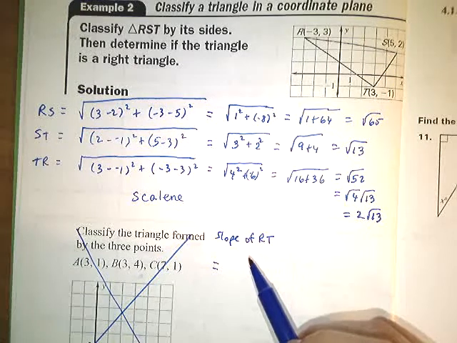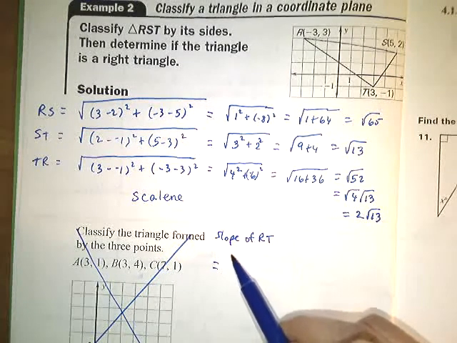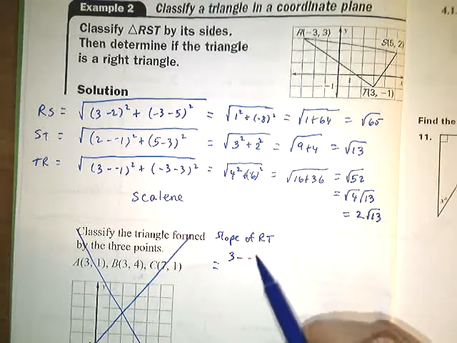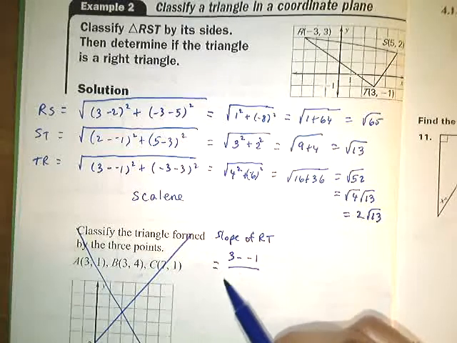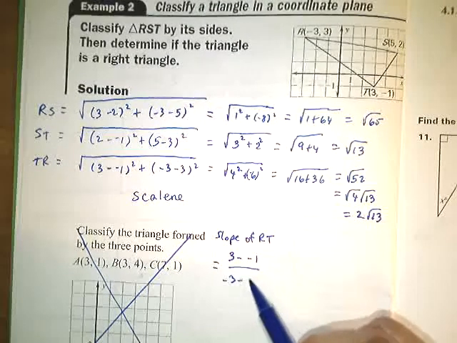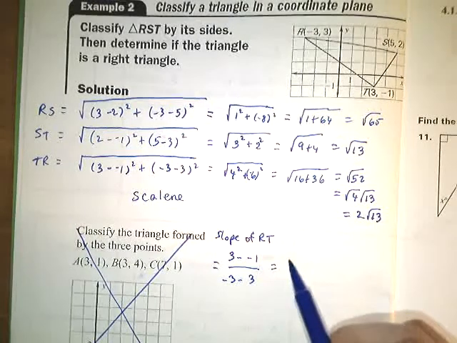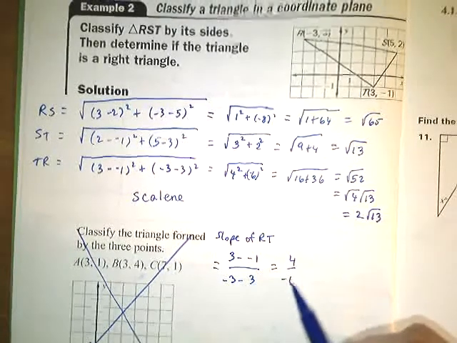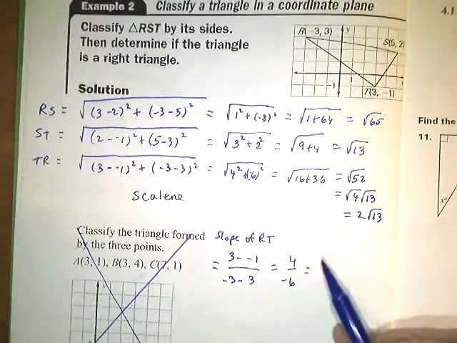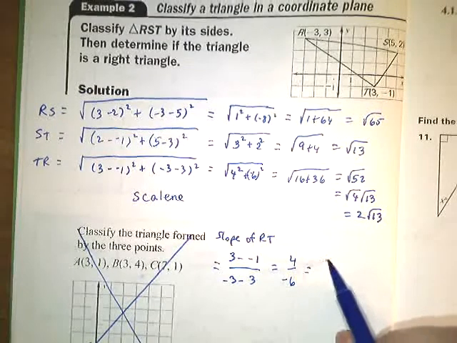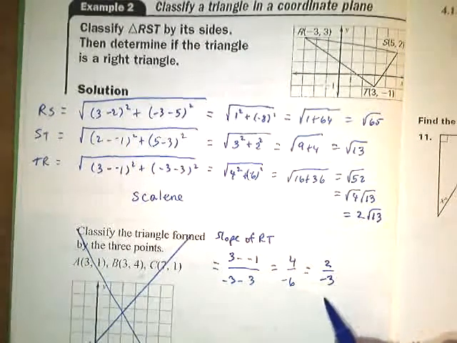So I would take the difference of the y's on the top, 3 minus -1, and the difference of the x's on the bottom, -3 minus 3, and I would get 4 over -6, which reduces, if I divide by 2, to 2 over -3.